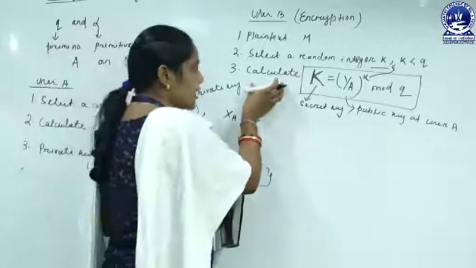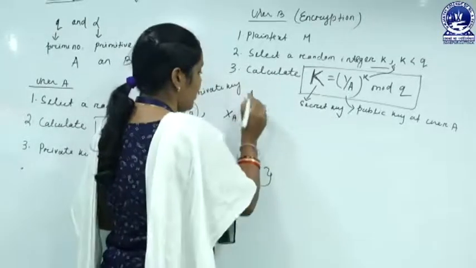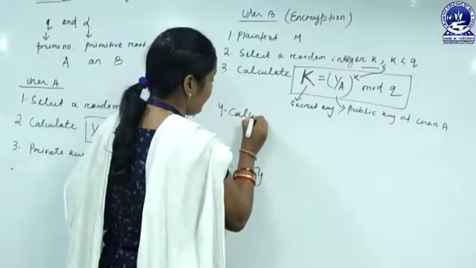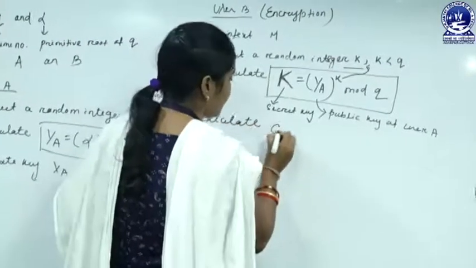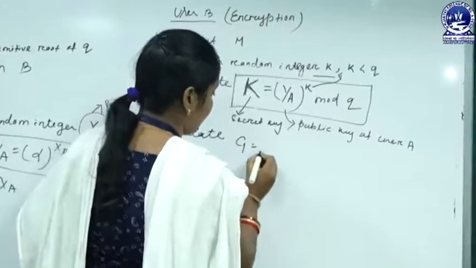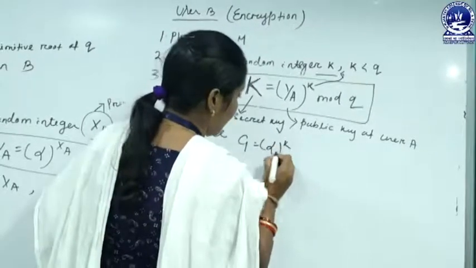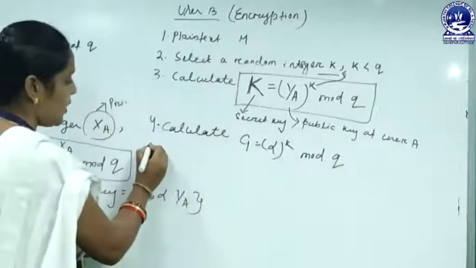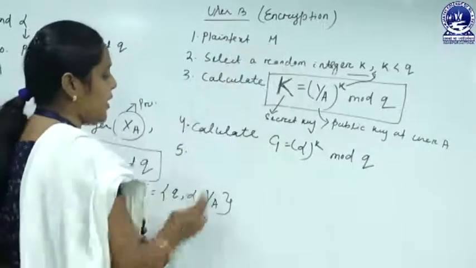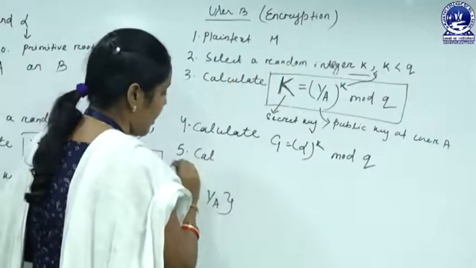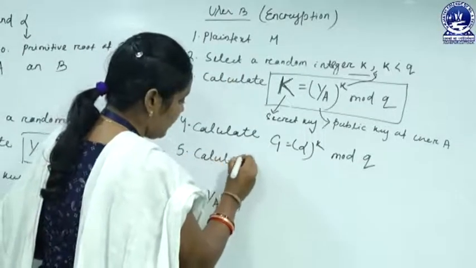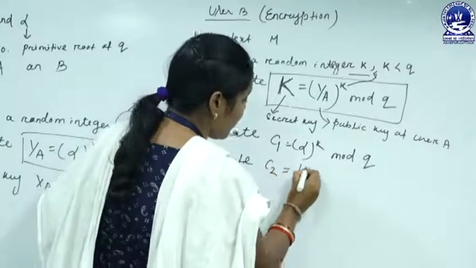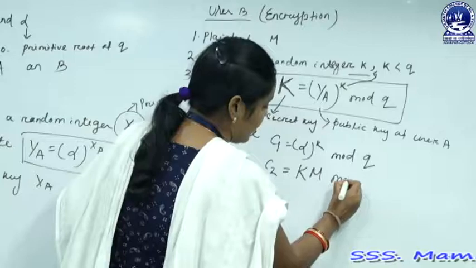After generating this secret key, look at the fourth step. Next, in the fourth step, it calculates C1, which is equal to alpha to the power k mod q. After that, it encrypts the plain text by calculating C2 equal to KM mod q.